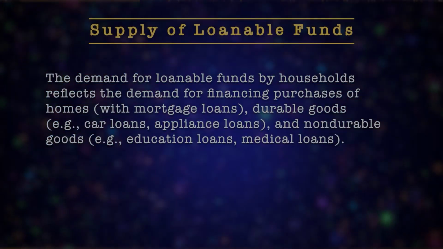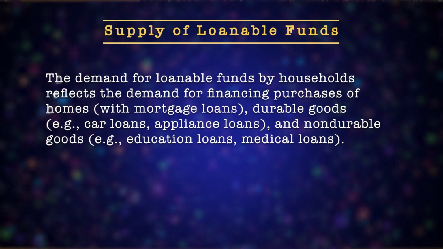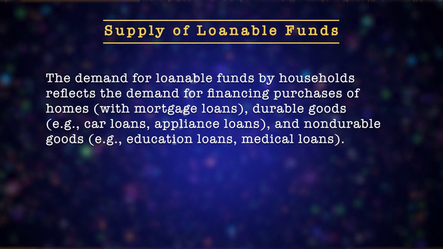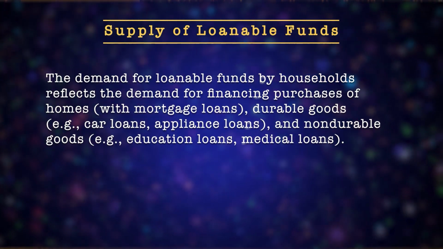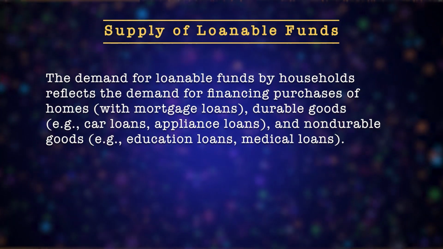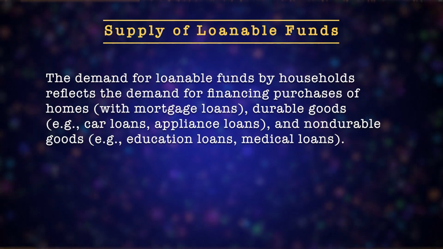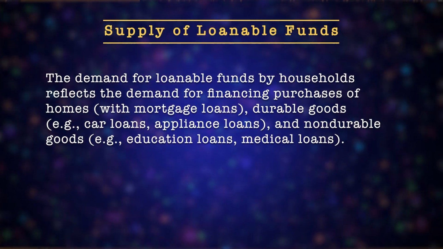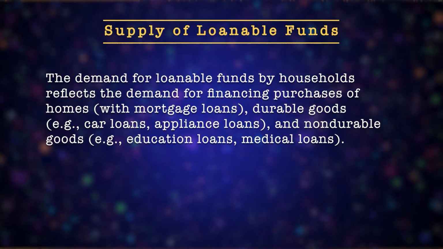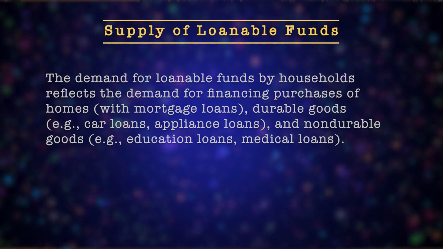So demand for loanable funds can come from the household sector, because households also go for financing on the purchase of homes, that is the mortgage loans they take, or for the purchase of items like cars and appliances, where we go for durable loans, or for non-durable goods like education loans, medical loans and all these sorts.